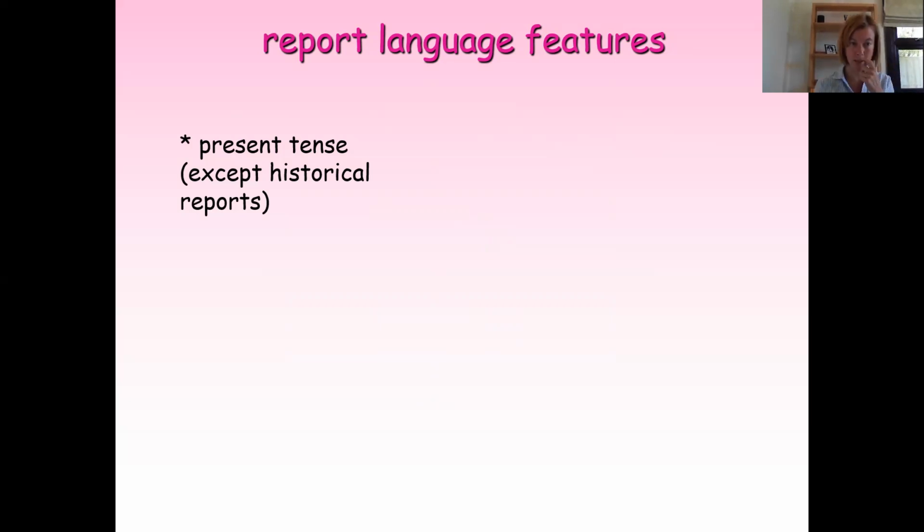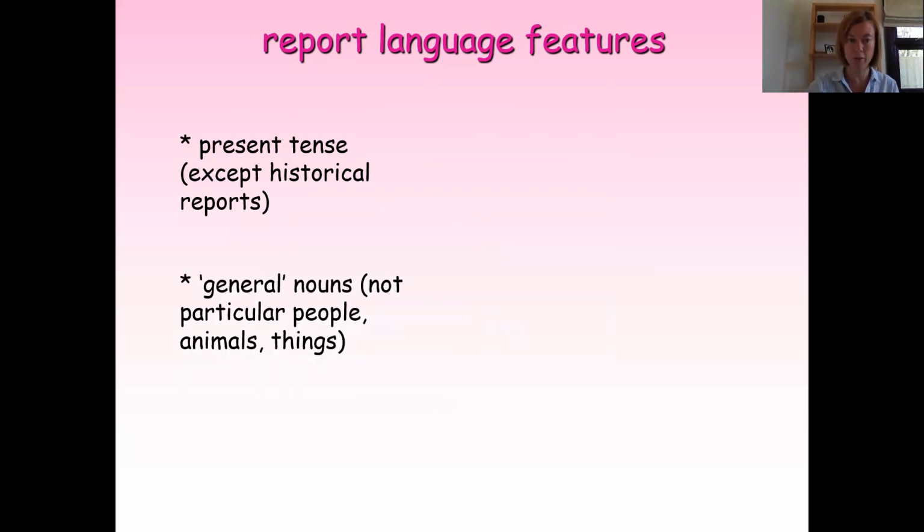Okay, we're not writing a historical report, so we don't need to worry about that. It is written in the present tense. And I've written that as a bullet point, and I've done a box there, and I'm going to tick that box later on when I'm looking at other texts or when I'm writing my own, just to check things through afterwards to make sure that I've written in the correct tense.